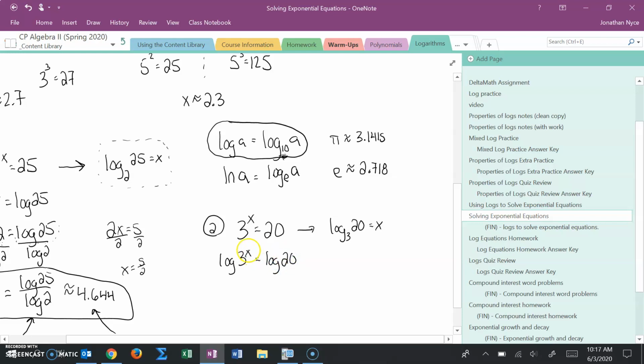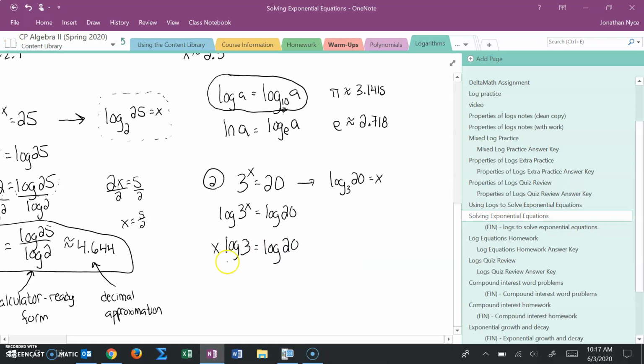Exponents can become coefficients with the logs. And then log 3 is a number, so we're going to divide both sides by the log of 3. And then we have our calculator ready form, and we can just go to the calculator and put that in.